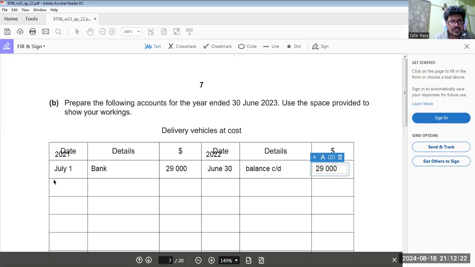Now here starts the new year. 2022 July 1st, balance b/d 29,000.